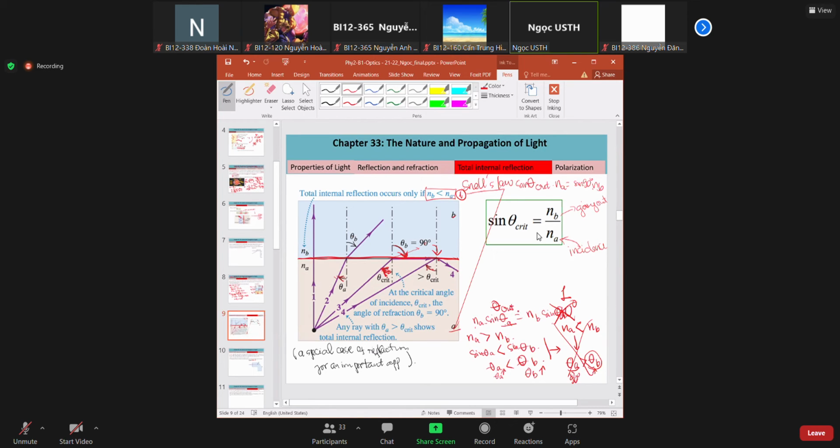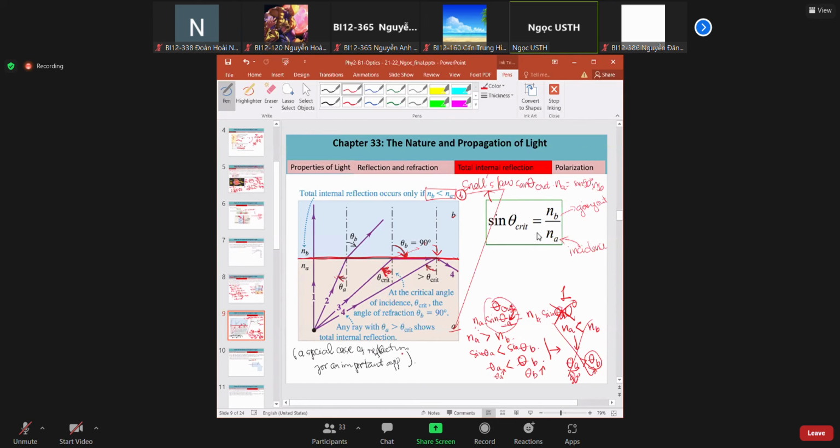Just change the symbol, nothing important. You can call it theta A, no problem. It's just a name. And then you can find out this will be equal to NB over NA, like this.